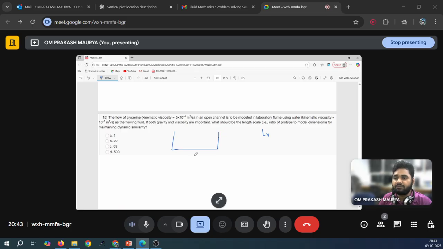So how will I proceed? Kinematic viscosity you have. Reynolds number is rho Vd divided by dynamic viscosity, so you can write in kinematic viscosity terms Vd divided by kinematic viscosity.